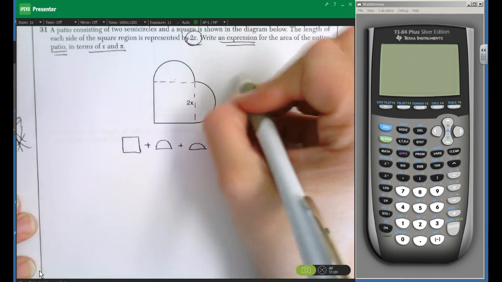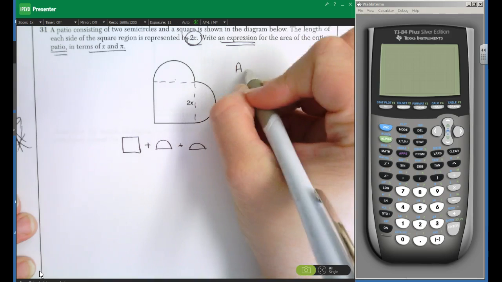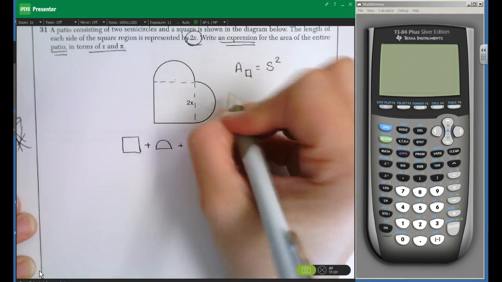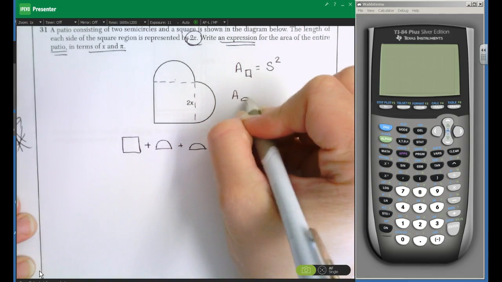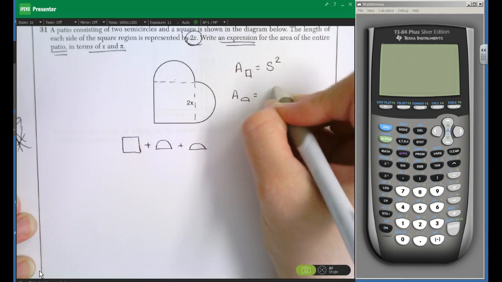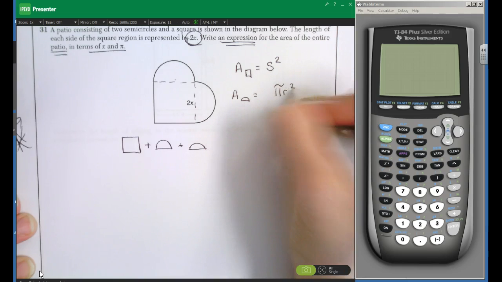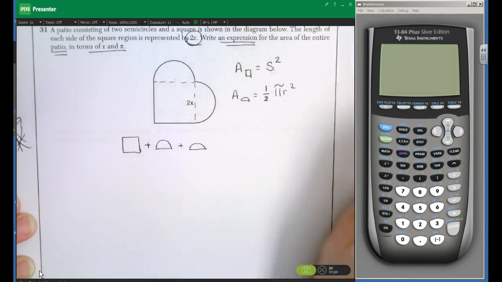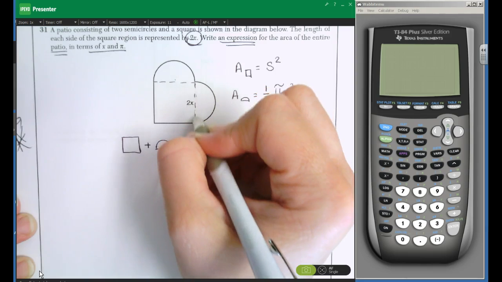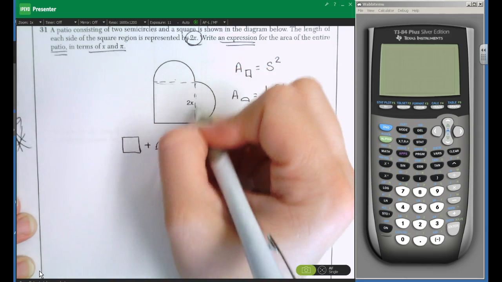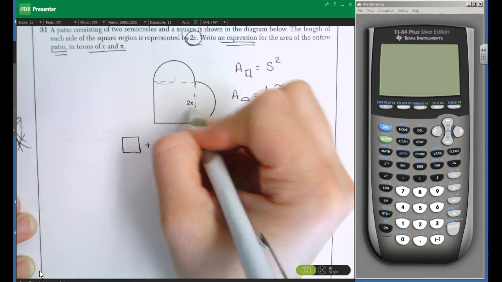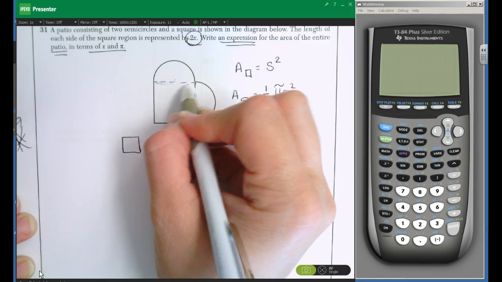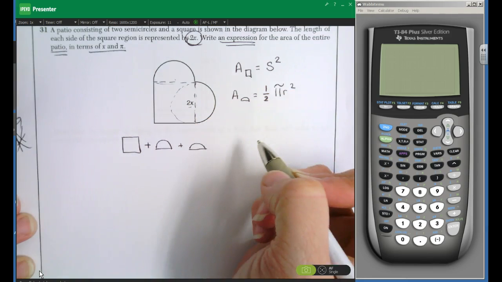Okay? Now we know that the area of a square is side squared. The area of a circle is pi r squared, and the area of a semicircle will just be 1/2 that. So in this example, this length here represents the side of the square and the diameter of this circle, right?